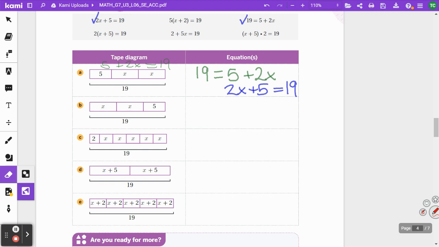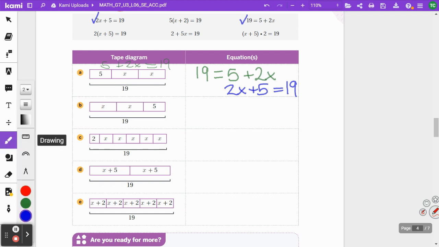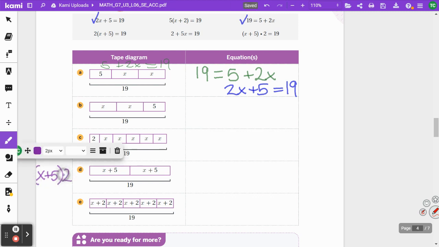Now for part D, what I'm seeing here is I'm seeing an x plus 5. Excuse me, actually I'm seeing 2 of those groups. It's not going to let me write off to the side. 2 of those groups of x plus 5.